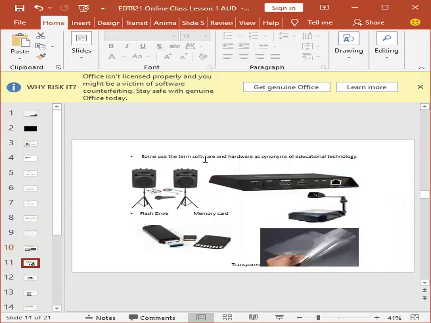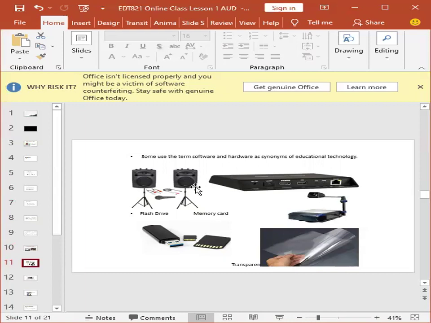Some use the terms software and hardware as synonyms of education technology, whereas they have a wrong notion about education technology. Hardware items are equipment that we can see, we can touch, we can feel, and we can use to retrieve information from software, to project information from software, or to amplify information.